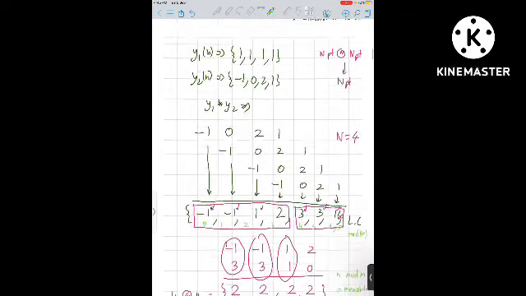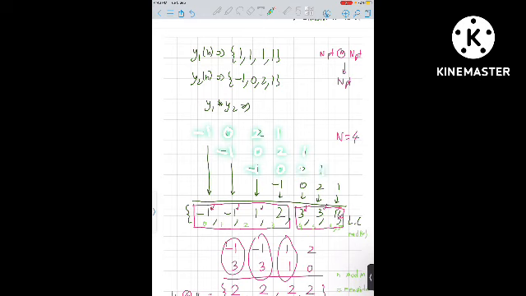So we had y1 of n as 1, 1, 1, 1 and y2 of n as minus 1, 0, 2, and 1. Now when I do the convolution, what do I get? Let's say these are fixed impulses. So minus 1, 0, 2, 1, minus 1, 0, 2, 1, minus 1, 0, 2, 1, and minus 1, 0, 2, 1.